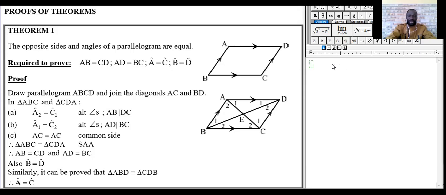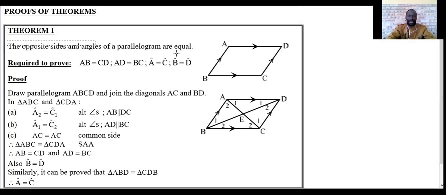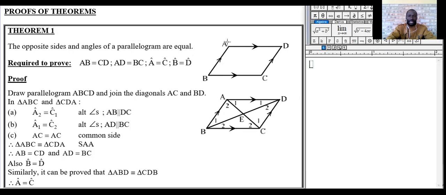That is what we are going to be discussing in this theorem 1. We want to prove theorem 1: that opposite sides and angles of a parallelogram are equal. By opposite sides, I mean the sides AD and BC, and also the sides AB and DC.